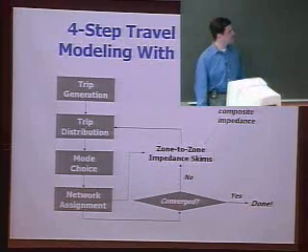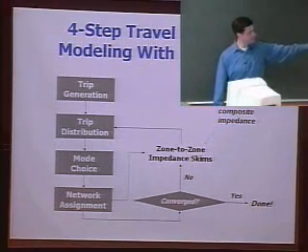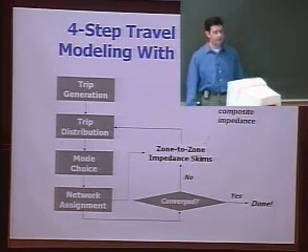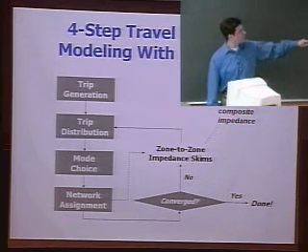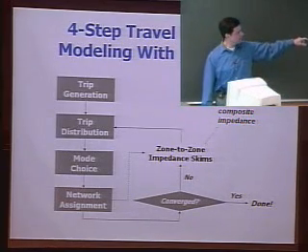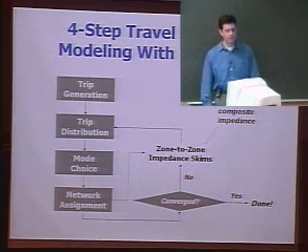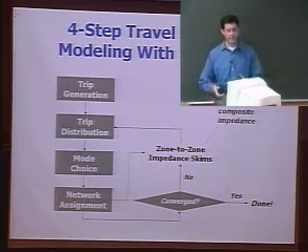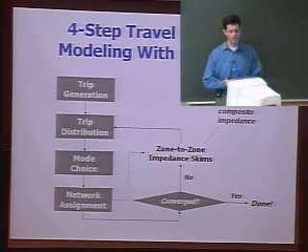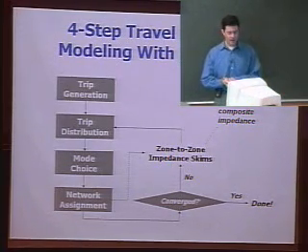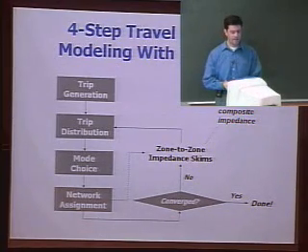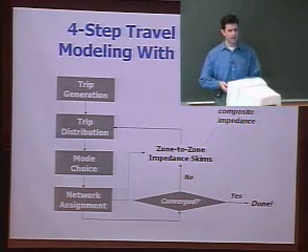With feedback, I have this other loop here. You go down to where it says converged. With feedback, what we do is we'll run through this several times where we'll actually generate zone-to-zone impedance skims. In other words, that could be travel times or some composite measure, which I'll talk about in a minute. And based on that, we'll feed that back into the trip distribution step and then go back through mode choice and network assignment. And as we go through that again, we'll check and see, are we reaching some convergence?